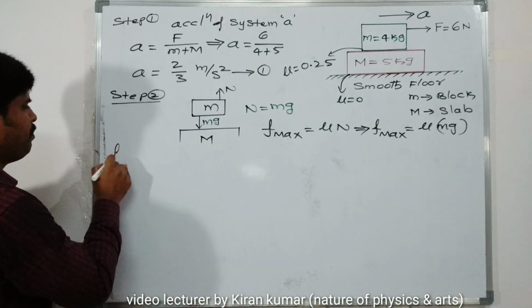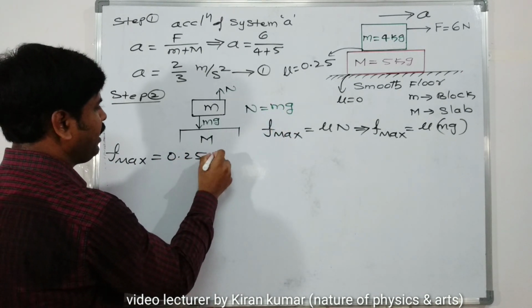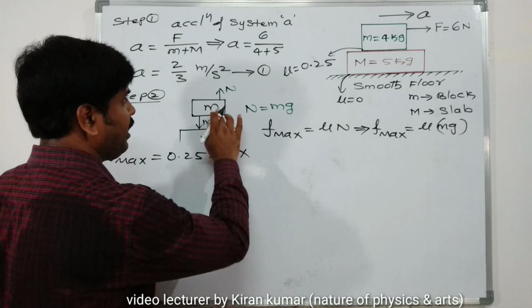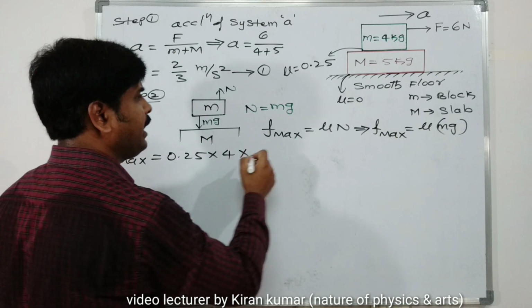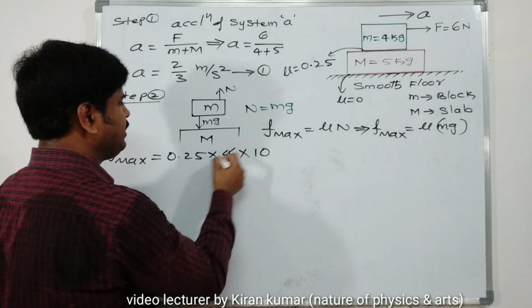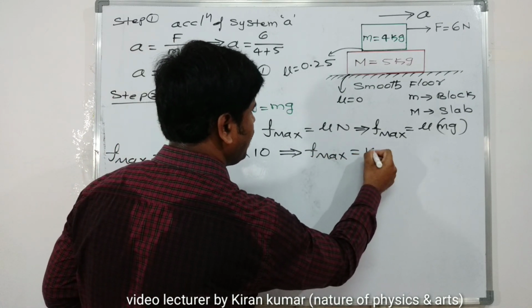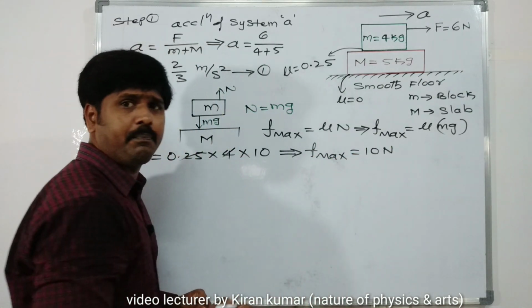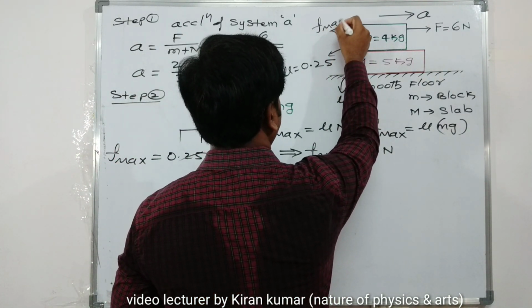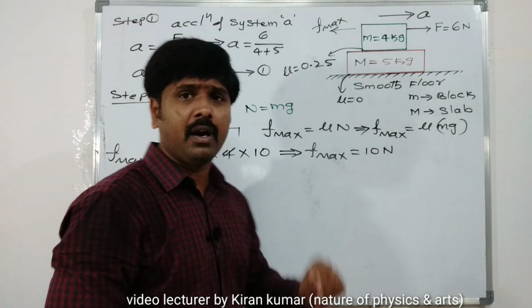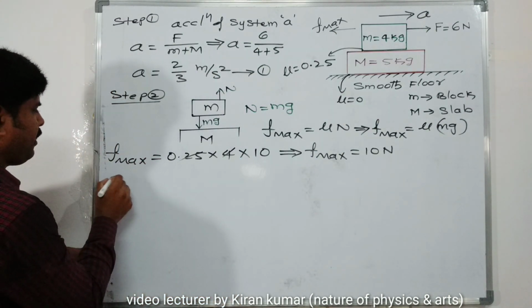So F maximum is equal to 0.25, mass is 4, considering only the upper block, and g value is 10. This cancels, and we get F maximum equal to 10 newtons. This is the maximum frictional force on the upper block, 10 newtons.